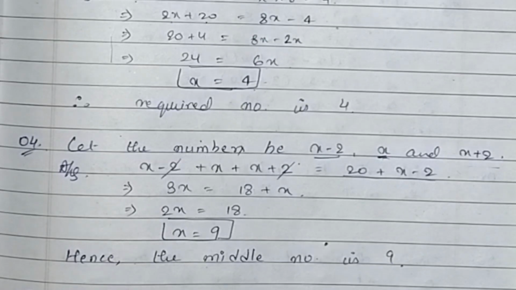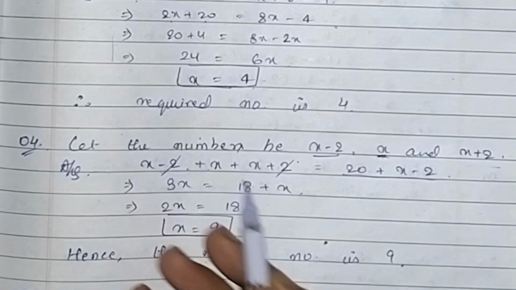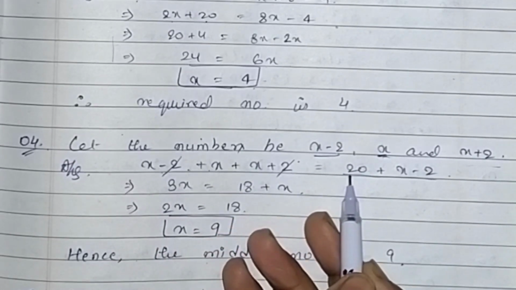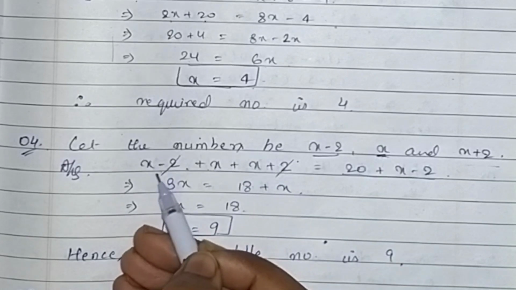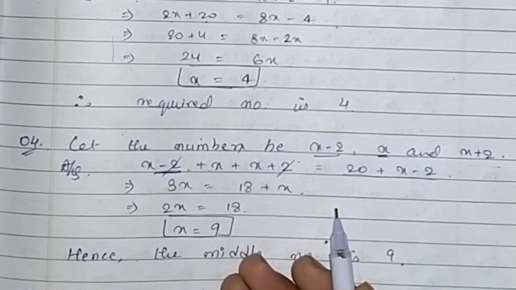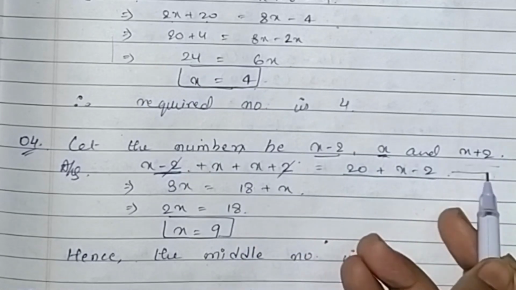So we have formed an equation: the sum of these numbers, that means x minus 2 plus x plus x plus 2, is equal to 20 more, that means 20 plus x minus 2, which is our first number of the consecutive formation. So we have made that equation.